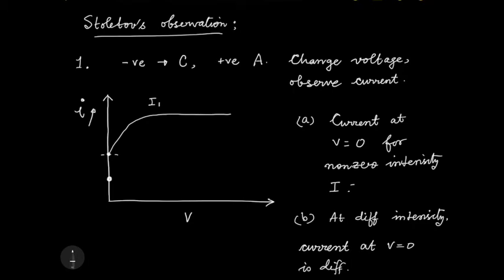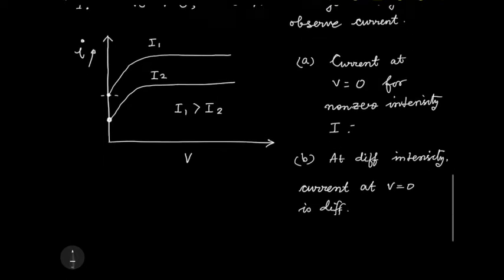Here you will see a different current. It will again rise and reach a different constant value. So this is I2, and I1 is greater than I2. If you have more intensity, you see more current. If you have less intensity, you see less current.